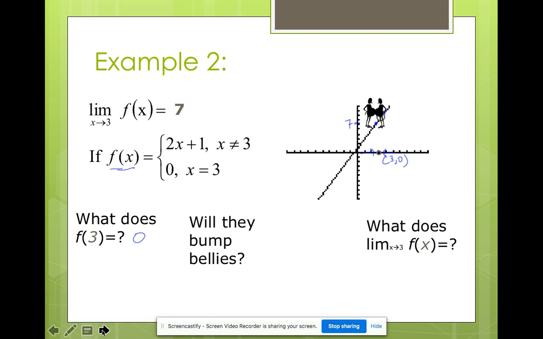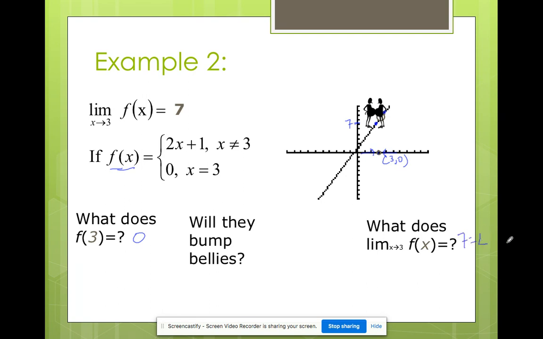right? So a limit is not asking you for the function value. They happen to be the same if you have continuity. But if you don't have continuity, you need to see what's happening around the function value, right? So what's going on around 3?